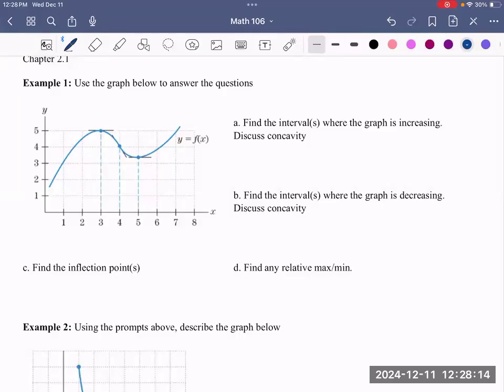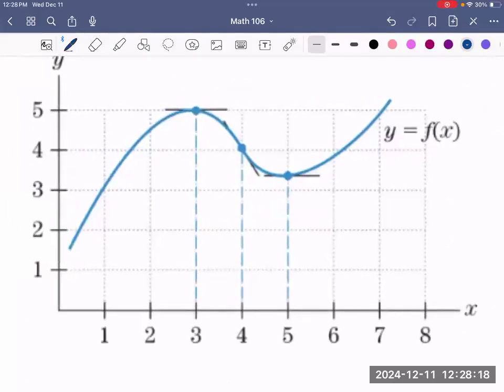So let's start with A. We want to know where the graph is increasing. To determine this, let's draw a couple of these tangent lines. In order for our tangent line to touch, let's say at this point, we'd have to be above that graph.